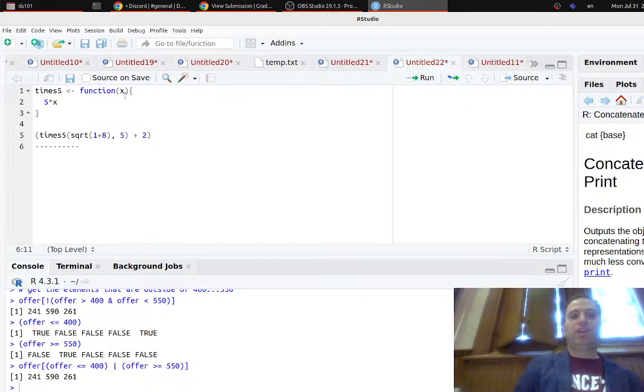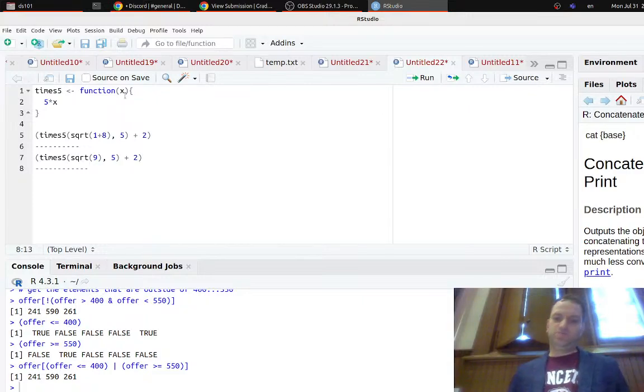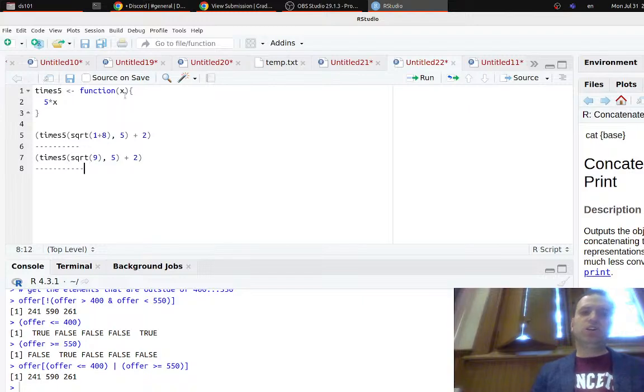Well, evaluate one thing at a time, right? So we have times 5 of the square root of 1 plus 8, so the only thing we right now can evaluate is 1 plus 8. So this is 9. Now square root, we can actually write the function square root if you like after the break, although maybe tomorrow. But for now, we just treat it as a built-in thing that we can't really trace. We can just say, well, square root of 9, that's going to be 3.